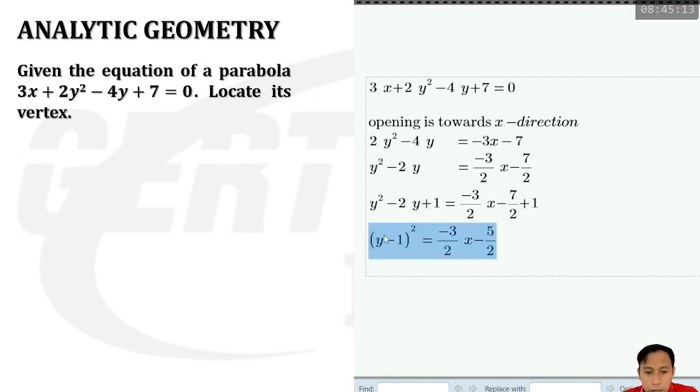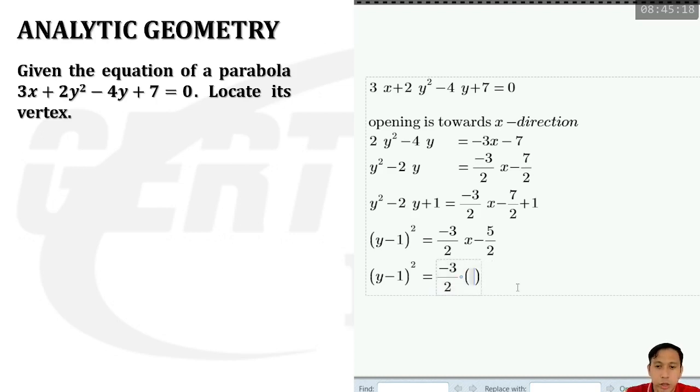And after that, pwede natin i-factor out yung negative 3 halves. So this will become negative 3 halves times x minus 5 halves times negative 2/3. Gawin na natin ganyan para mas makita.